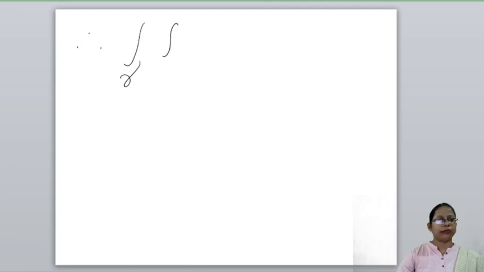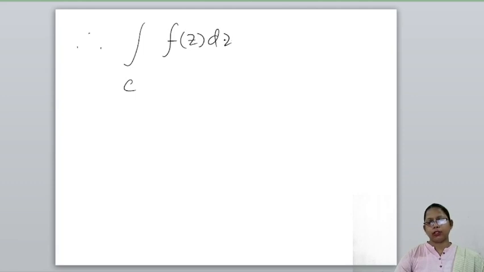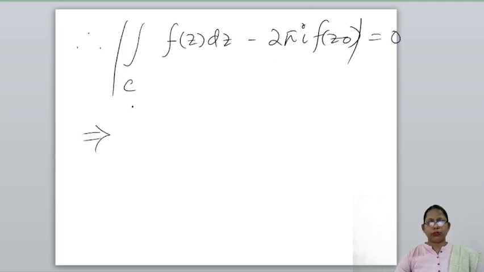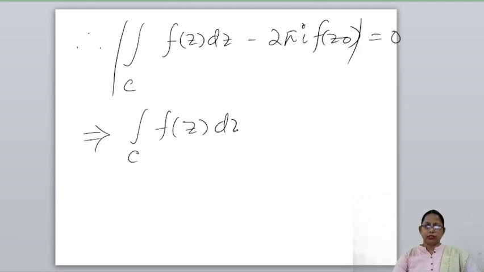The modulus of this is equal to 0. This implies the value is equal to 0, and hence the integral of f(z) dz by (z minus z naught) equals 2 pi i f of z naught.